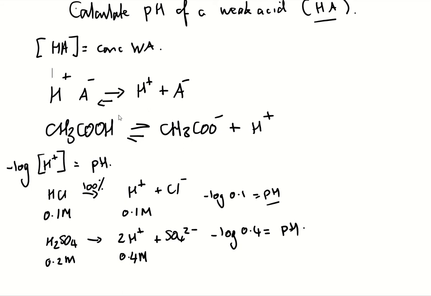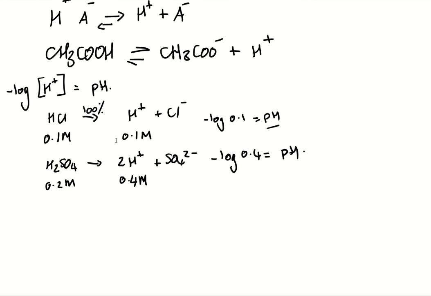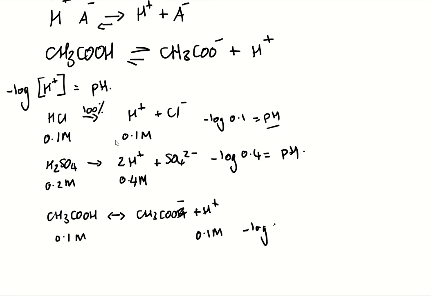And you might say, well, how come, sir, if I have a weak acid such as ethanoic acid at 0.1 molar, my hydrogen ion concentration is then not just 0.1 molar, and why do I not just do minus the log of 0.1 to give me the pH?